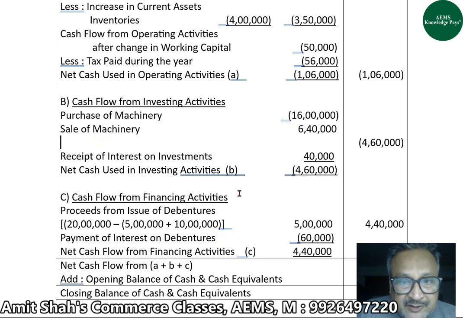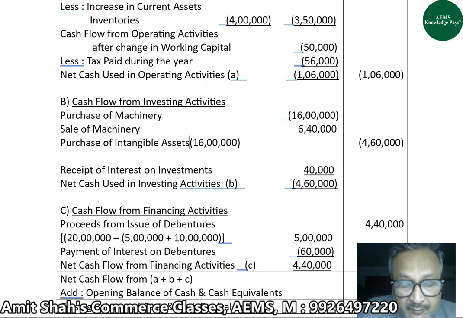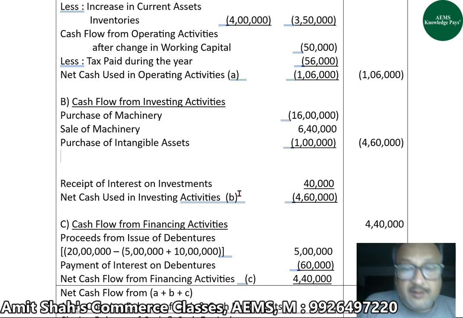So here we will write purchase of intangible assets, by rupees 1 lakh. This also would be outflow of cash, right?